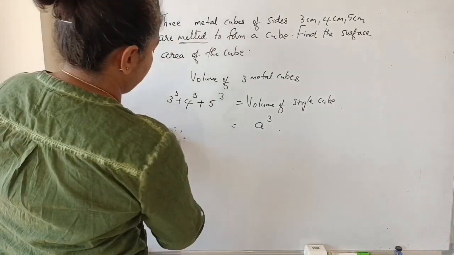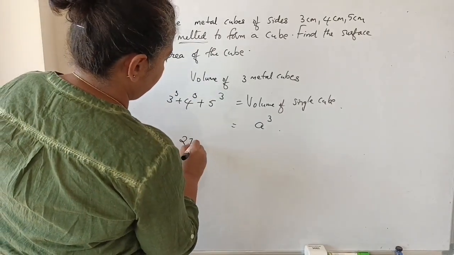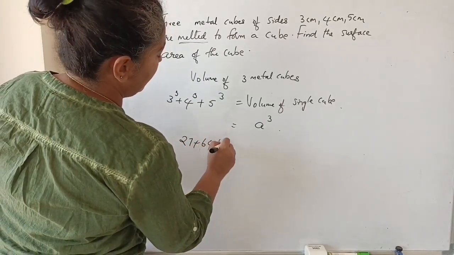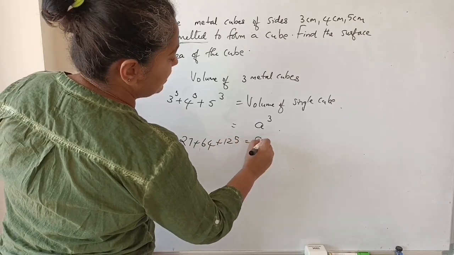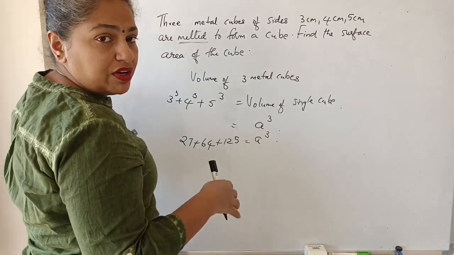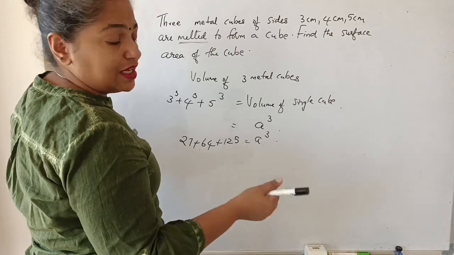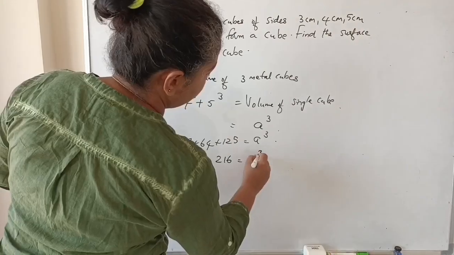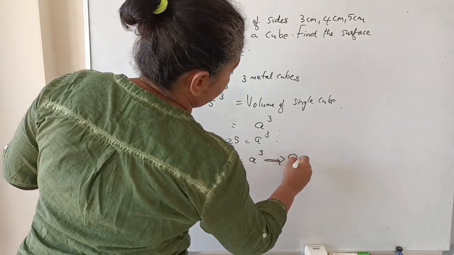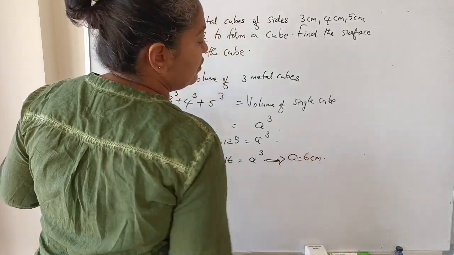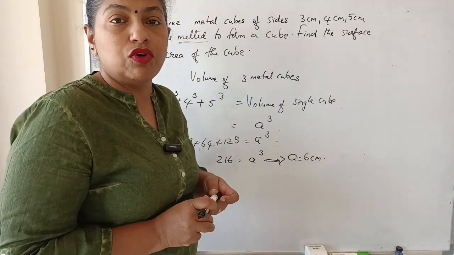27, 64 and 125 will give me a cube. Let us see what is the value of the side that we are getting for this particular cube. You get the value of the side of the new cube as 6 centimeters. So what do we need to find?